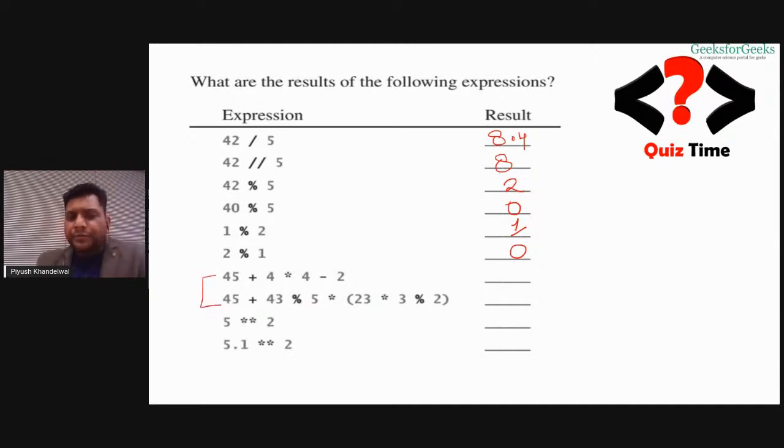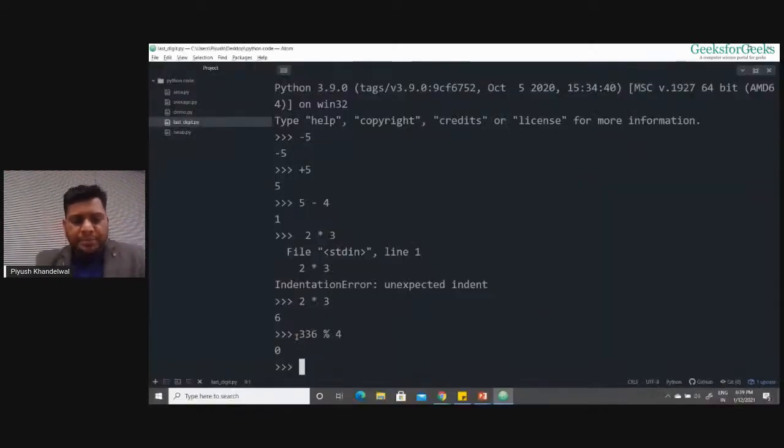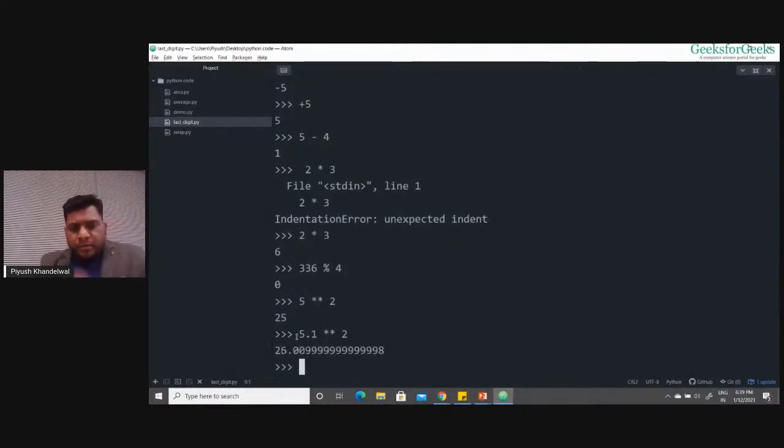Let me solve this. 5 to the power 2, it is 5 raised to the power 2. It is 5 into 5, which is 25, right? And for this, I need to use the Python shell. 5.1 raised to the power 2 has to be something around 26 point something. Let me check. 5 raised to the power 2, and 5.1 raised to the power 2.